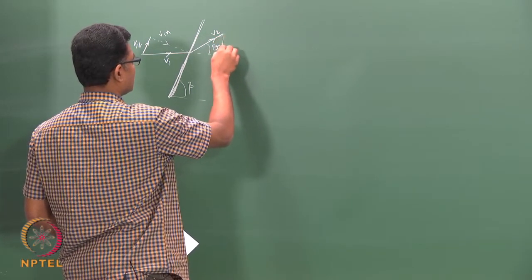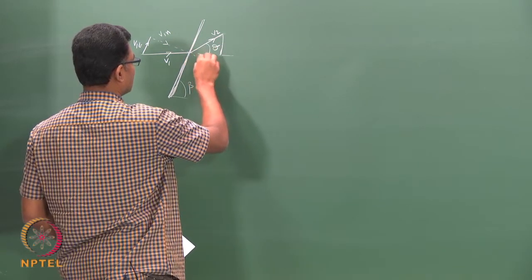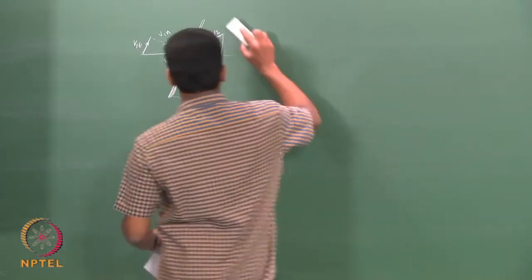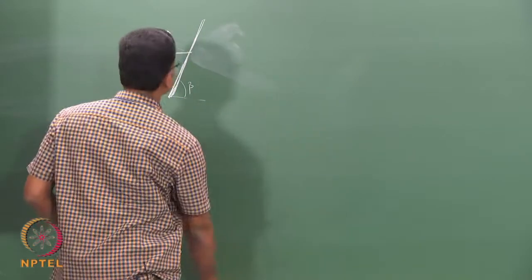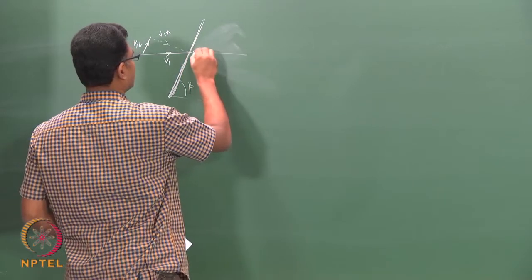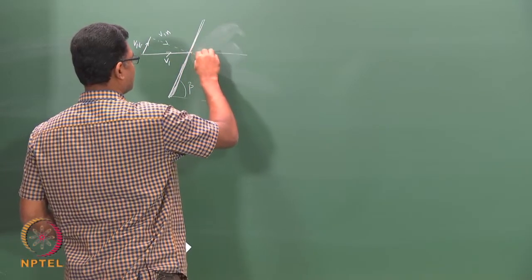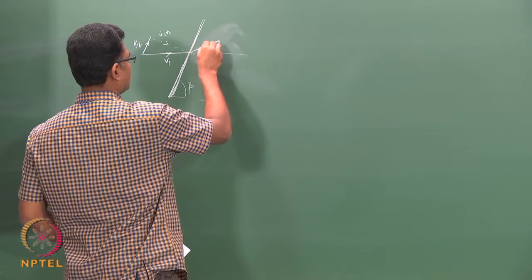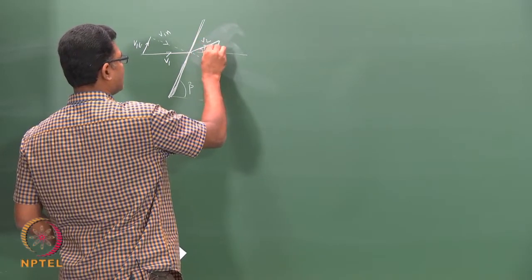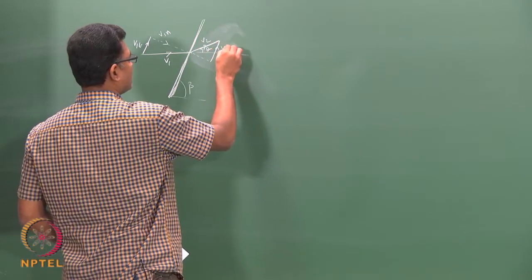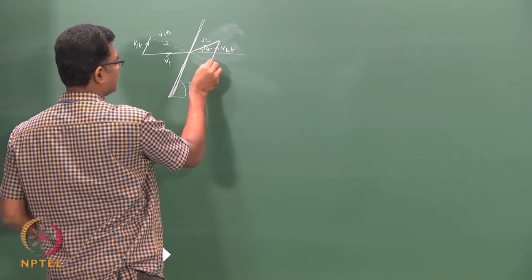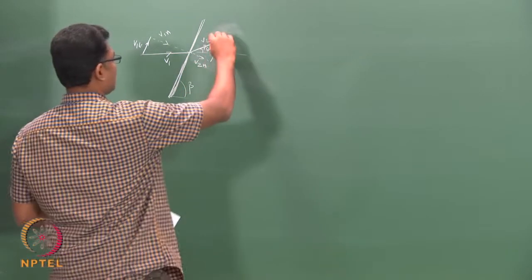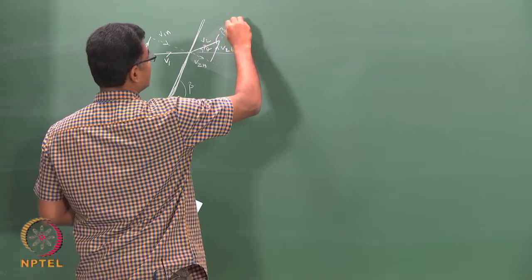So, this is V2, this is theta, this is V1, V2t, and this is V2n. So, this angle is beta minus theta.